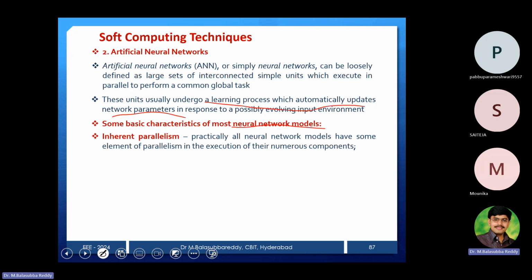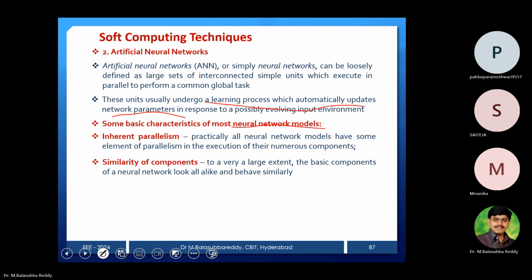Another characteristic is the similarity of components. To a very large extent, the basic components of a neural network look alike and behave similarly.